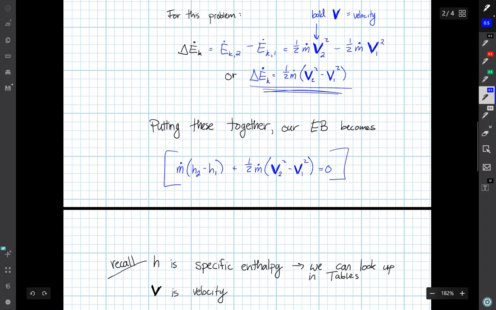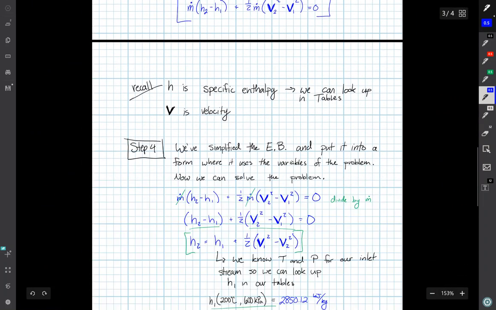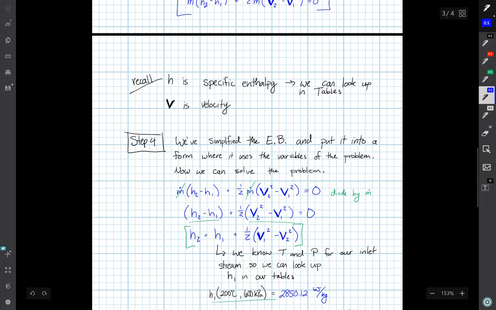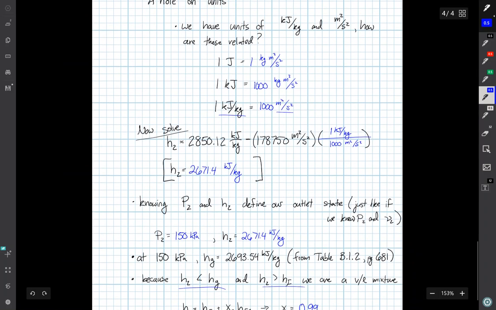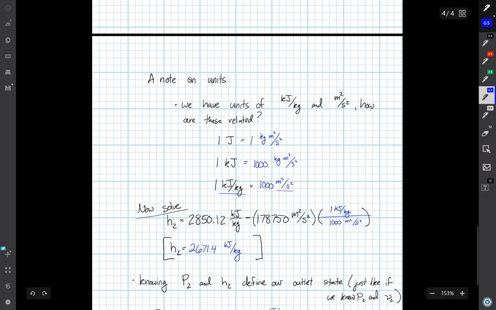So we see as enthalpy goes down, right? Enthalpy decreases from 2850 to 2671. So as enthalpy goes down, kinetic energy goes up as we go from a velocity of 50 up to 600 meters per second. So that's how a nozzle is working. It's actually taking away some of the enthalpy of our fluid and converting that enthalpy into kinetic energy.